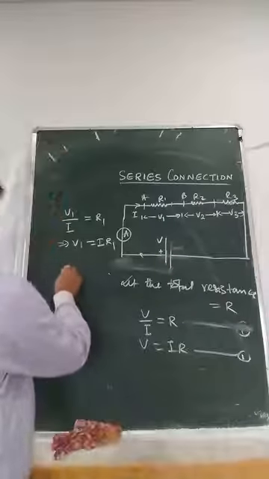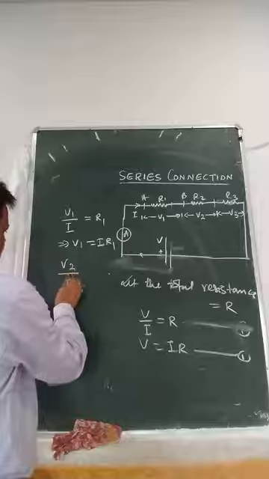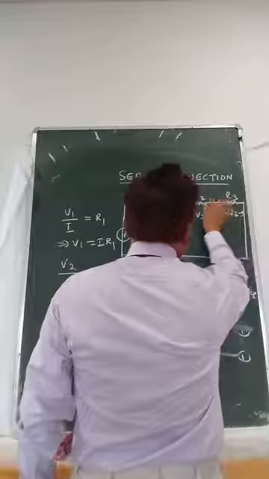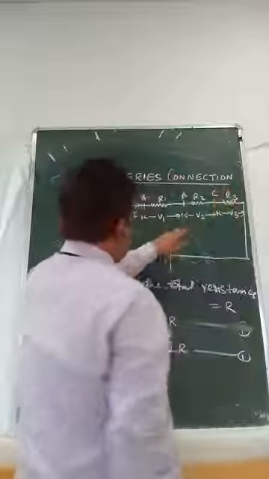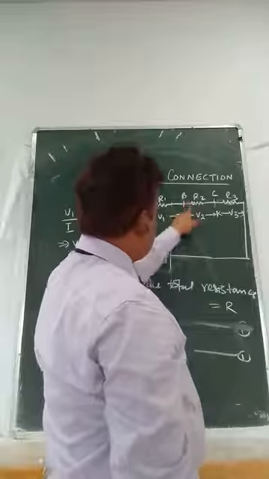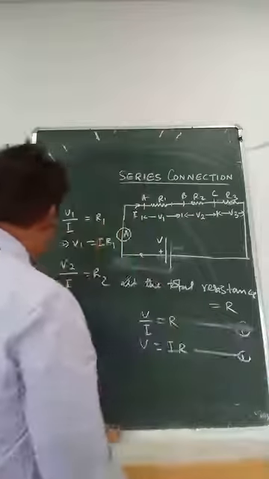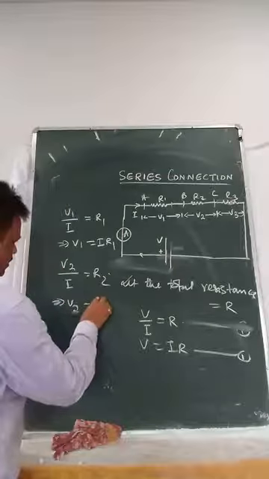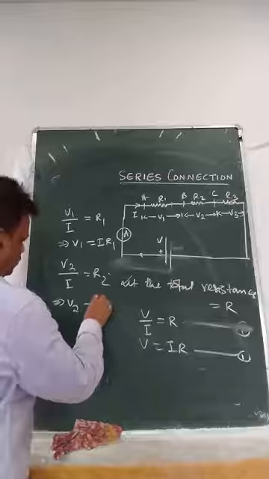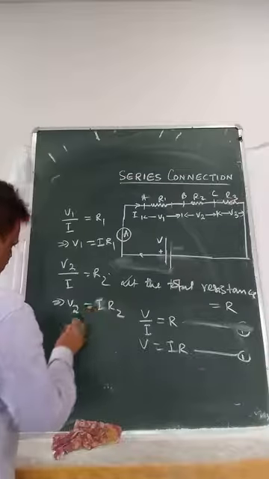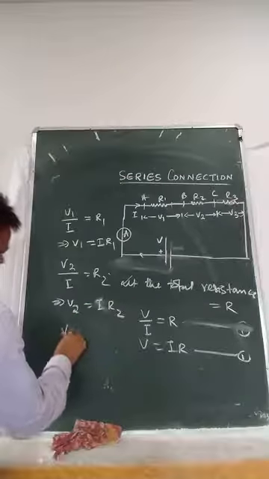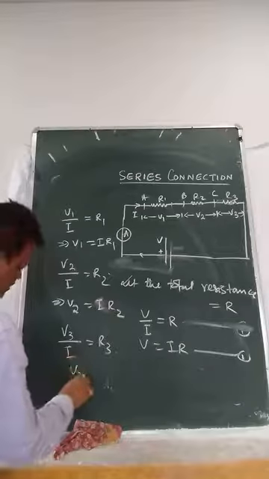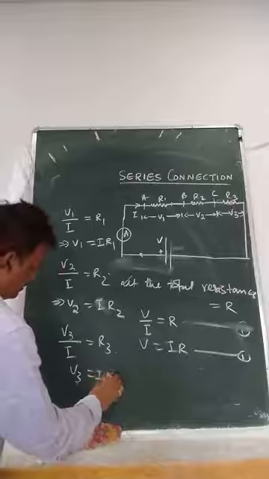Similarly, V2 by I equals R2. This is the potential V2, and the current is I for all. So V2 by I is R2, which implies V2 equals IR2. And V3 by I equals R3, so V3 equals IR3.